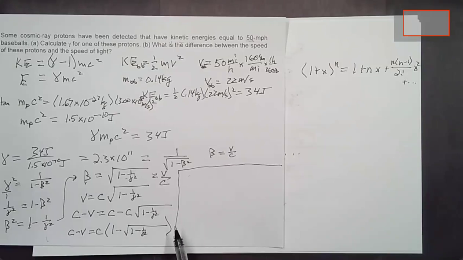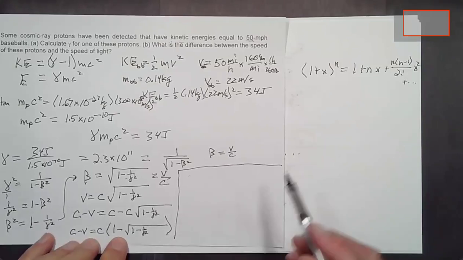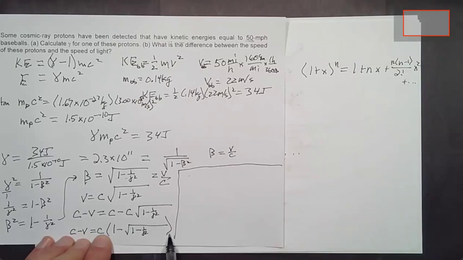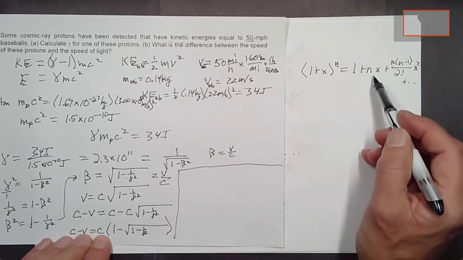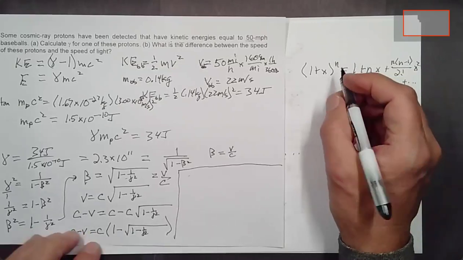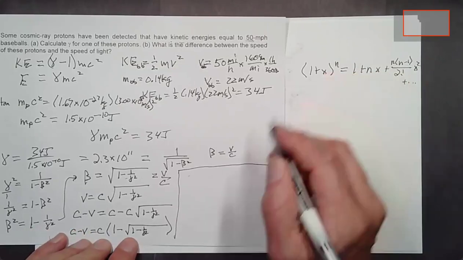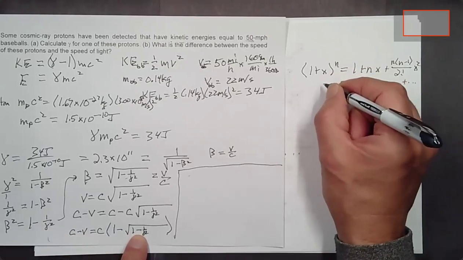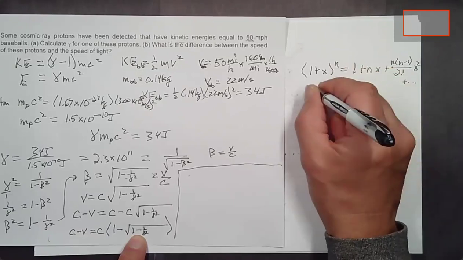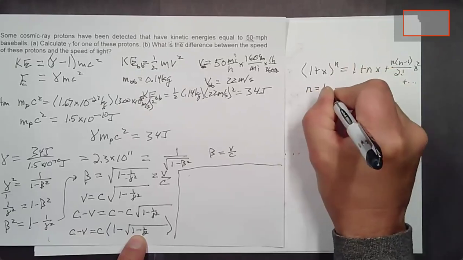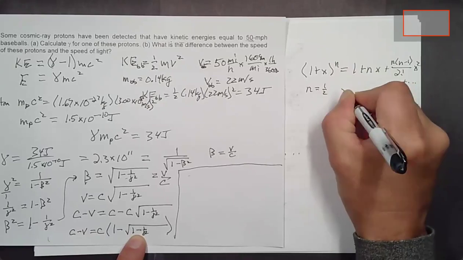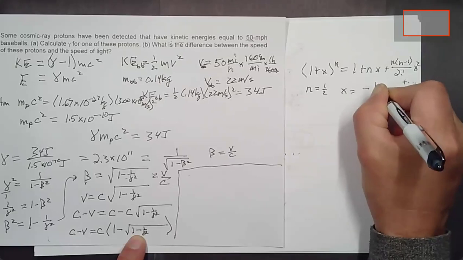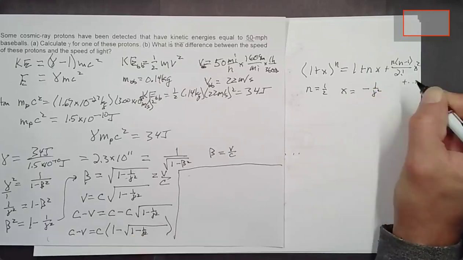And so the ones are going to vanish, and the first thing that's going to be left for these parentheses will just be the nx. Well, let's see how this is going to work out. For us, n, the thing that our square root is a power series of, is going to be 1/2. And x is going to equal minus 1 over gamma squared.